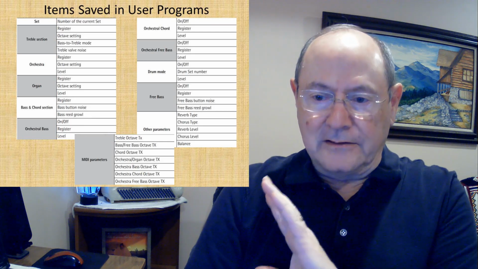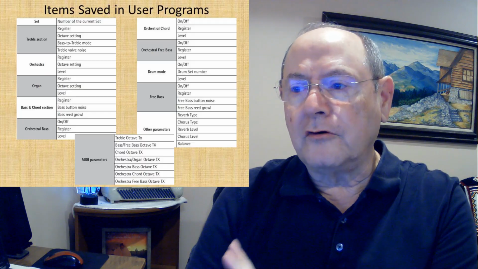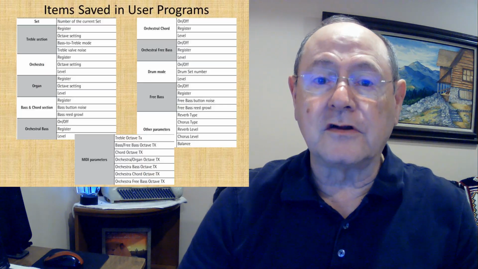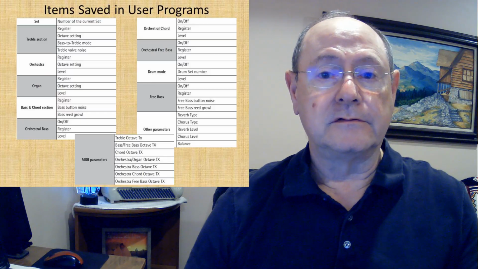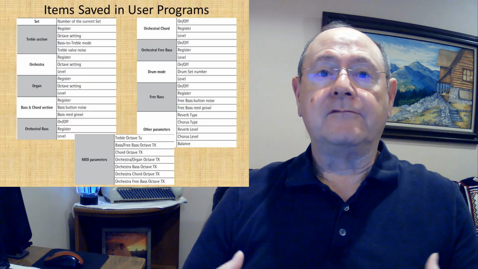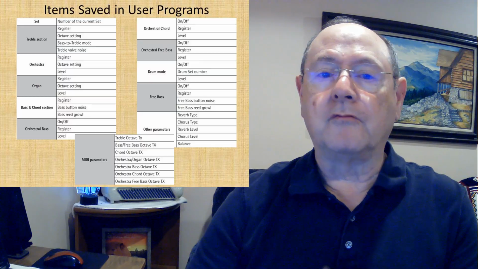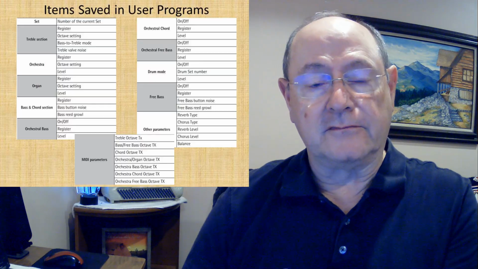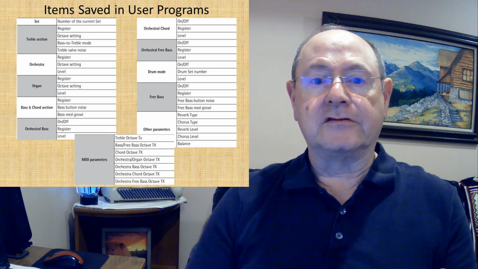Those are the items that are saved in user program. If you change something else, say for example balance, and you try to save that to a user program, it won't save it. It's not one of the items that's actually saved. So now I have to change it.